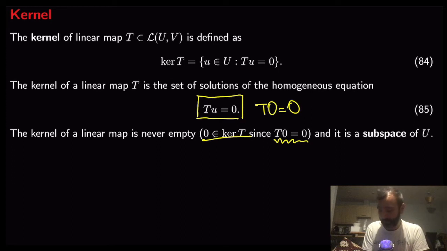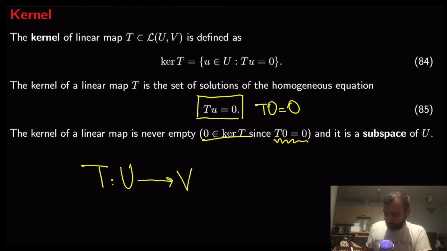And additionally, you have that T is a linear map from U to V. I have written this concisely like this. T is a linear map from U to V. The kernel is inside here.